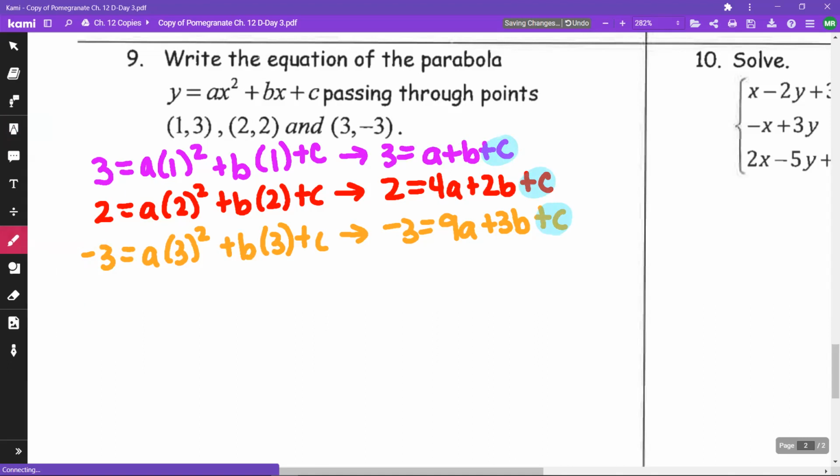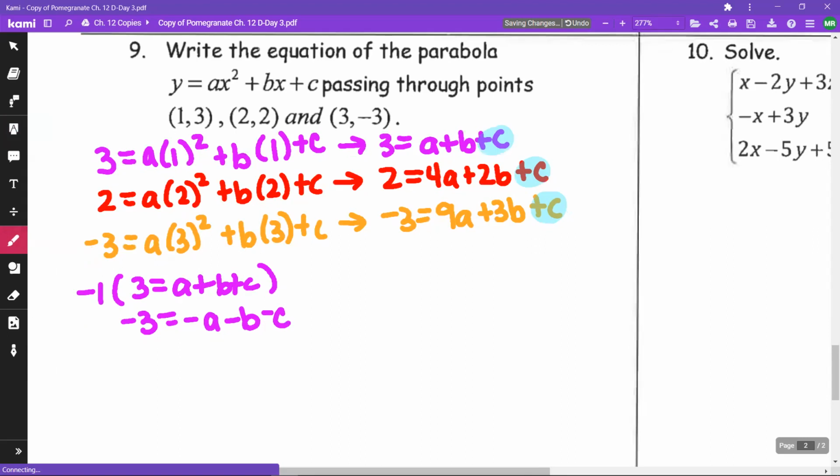So I'm going to take my purple equation and multiply it by negative 1. So I'm going to get 3 equals a plus b plus c. When I multiply that by negative 1, I get negative 3 equals negative a minus b minus c. I'm going to use this once with the red equation, once with the orange equation.